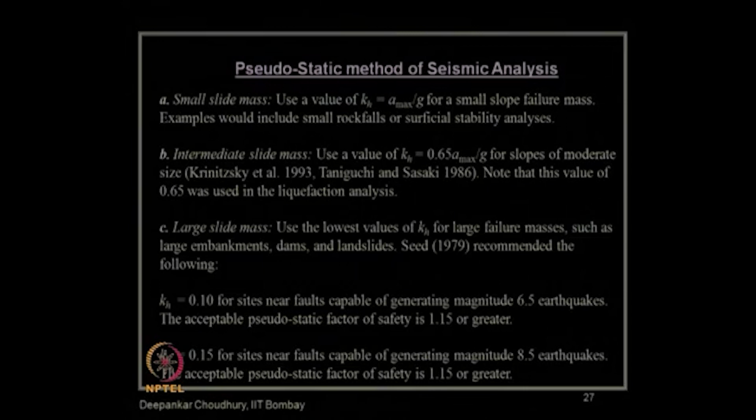So, these are the recommendations which people can use for practical design purpose, unless they have a very clear guideline about the selection of the kh value from the site response and from the local earthquake data.